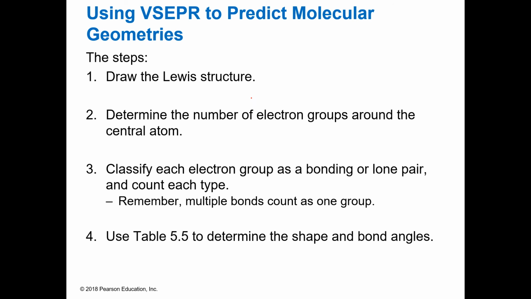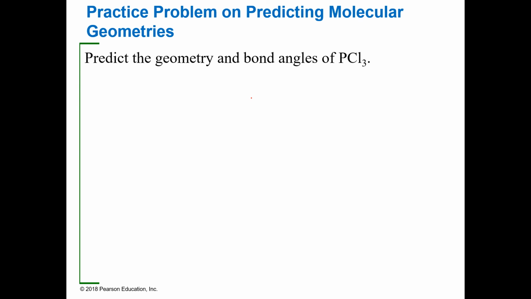Okay, so let's look at predicting here. Phosphorus has 5 valence electrons. Chlorine has 7. 7 times 3 is 21. So I have 26 total. So I have phosphorus bonded to chlorine, chlorine, chlorine.